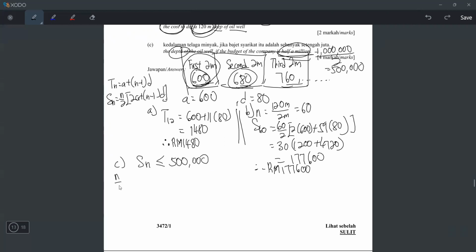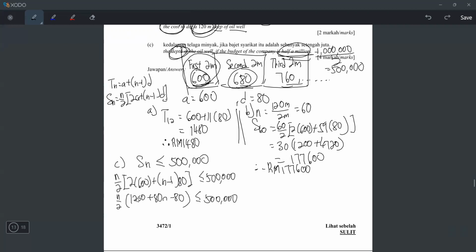So this will be n over 2, big bracket 2a will be 600 plus n minus 1, but n I don't know, so it's okay, just write n because n is what I'm trying to find. And then d would be 80, and then big bracket less than or equal to 500,000. 2 times 600 is 1,200. 80 times n is 80n. 80 times negative 1 is negative 80, and then the whole thing has to be times n divide 2, less than or equal to 500,000.